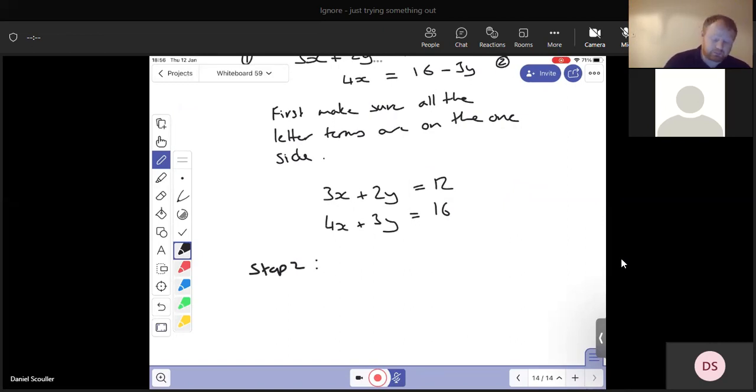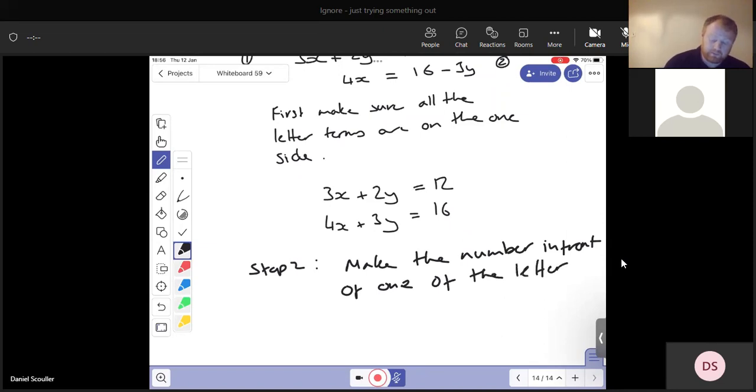Step 2, we want to make the number in front of one of the letters, one of the unknowns, in front of one of the letter terms, the same in both equations.